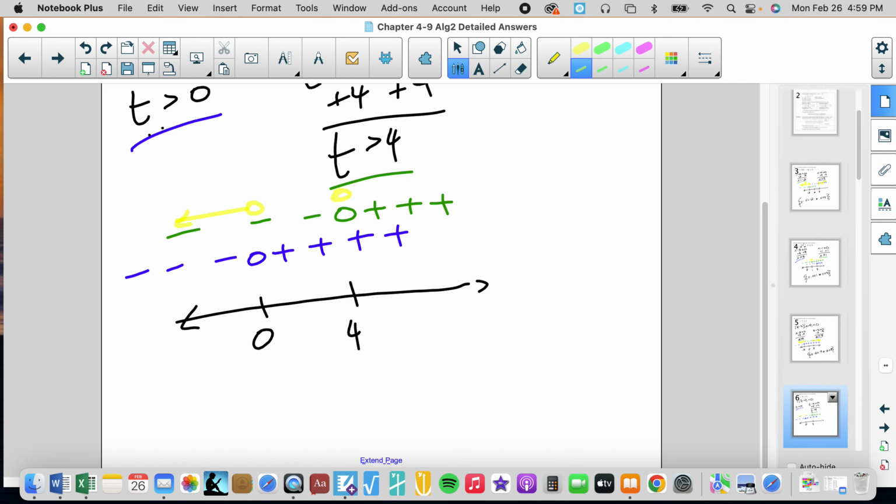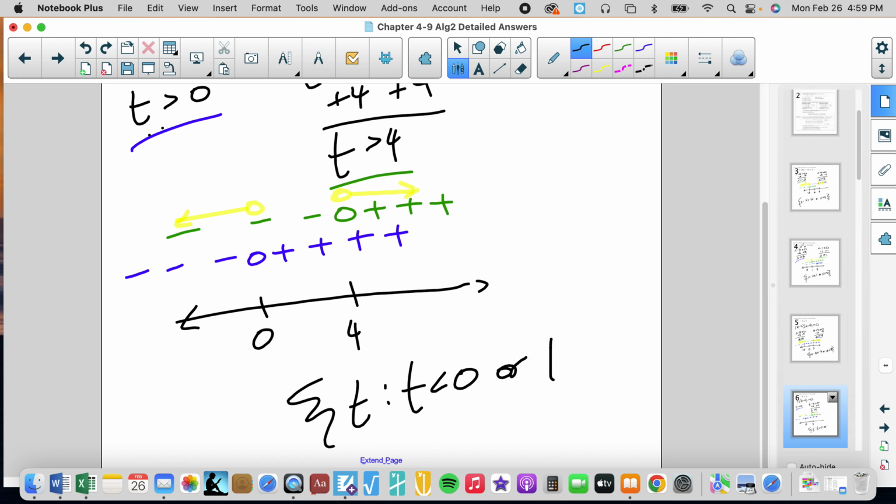This is going to be open circle going to the right. Let's see if we did it correctly. What's my variable? T. T is less than 0 or T is greater than 4. T is less than 0 or T is greater than 4.